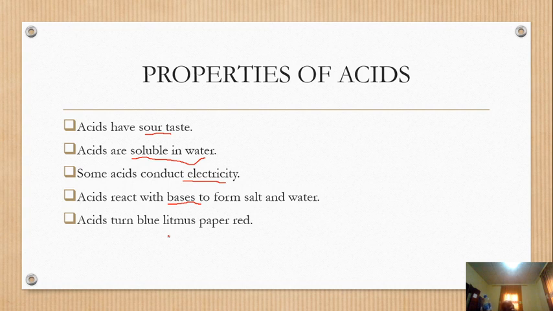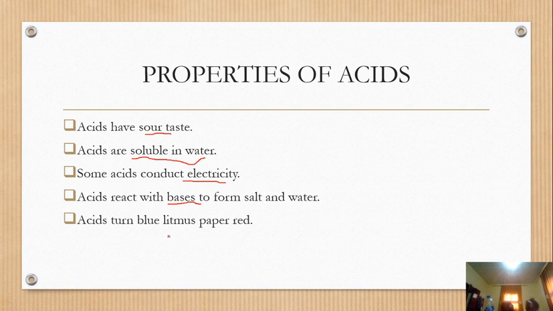We take, let's say, blue litmus paper and dip it in. If it turns the blue litmus paper red, it's an acid. If the litmus paper remains blue, it's either neutral or a base.